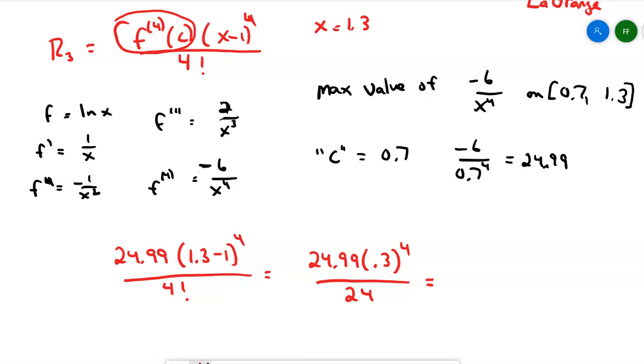I get 0.00843. Okay, that's my error bound. My claim is that the maximum error on that natural log function between 0.7 and 1.3 will never exceed 0.00843. Okay, let's see if I'm right.